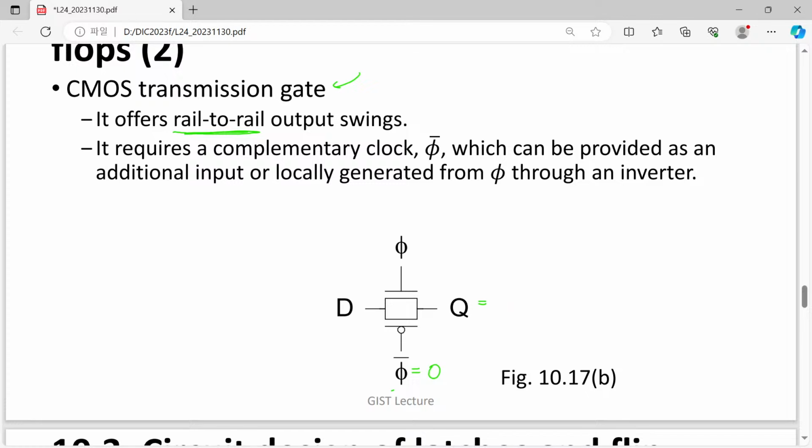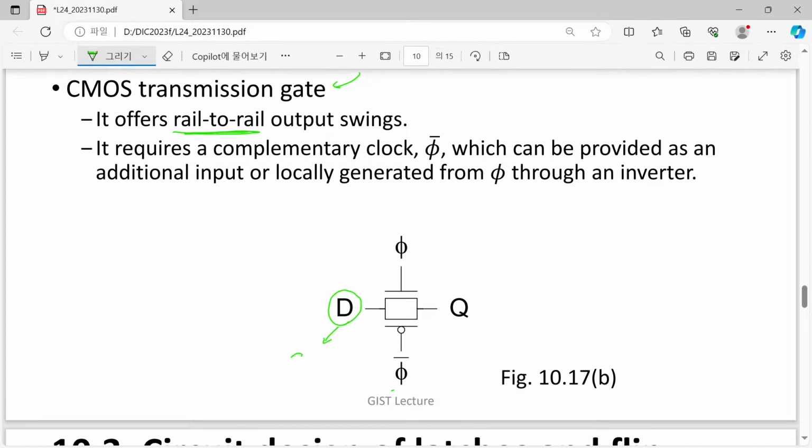It's good in terms of this rail-to-rail output swing, but everything else is kept as before. For example, is the signal connected to the gate of transistors? No, it is still connected to the N plus region of our N MOSFET and the P plus region of our P MOSFET. So this is not connected to the gate. Also Q, is it protected or not?